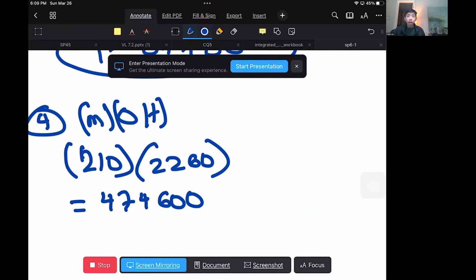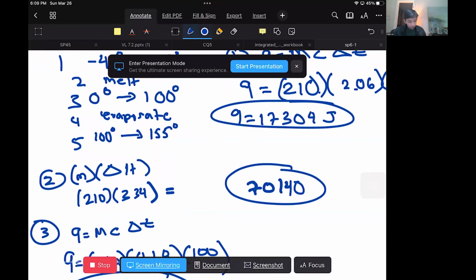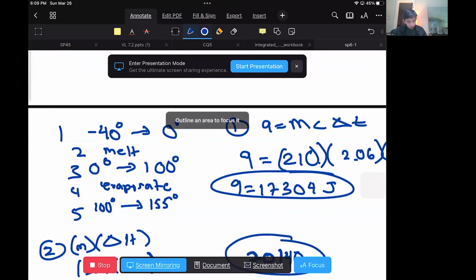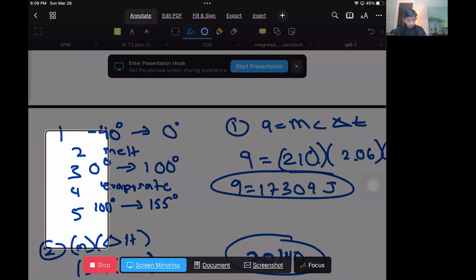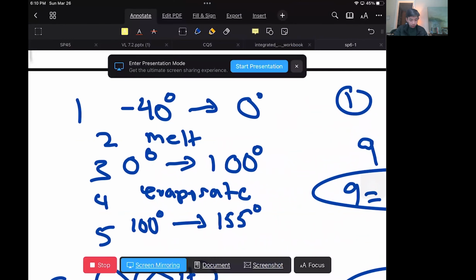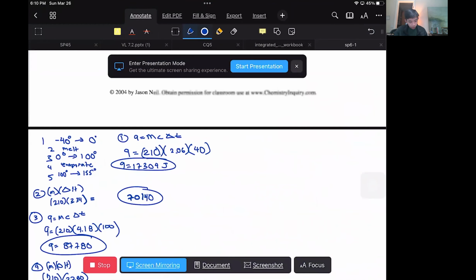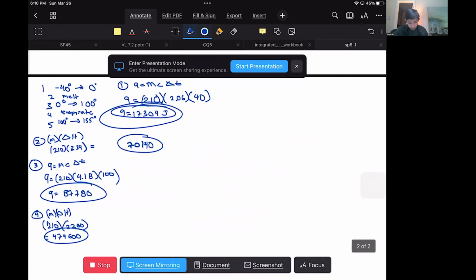Okay, cool. Now, since you have all these values, this is going to be your 1, 2, 3, 4. Oh, forgot one more thing.